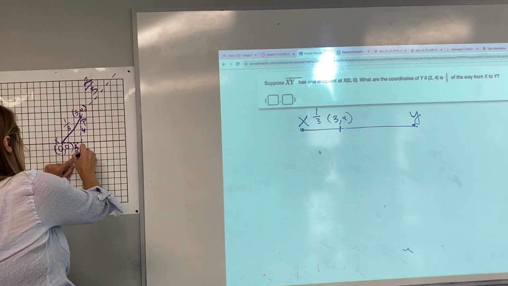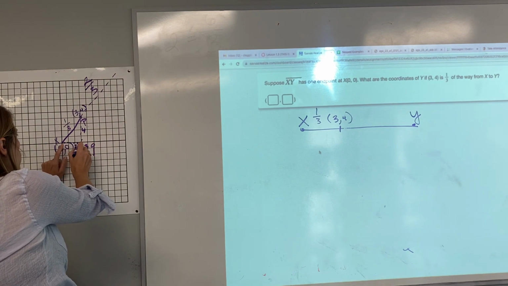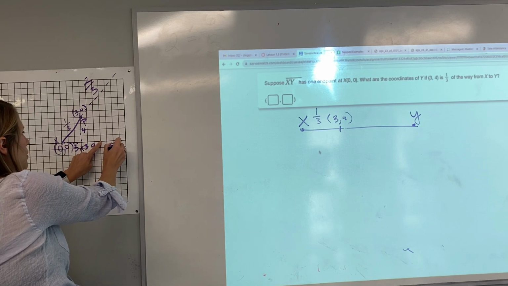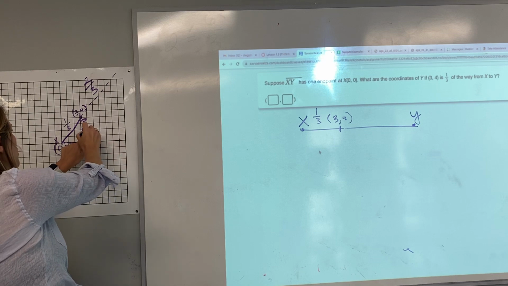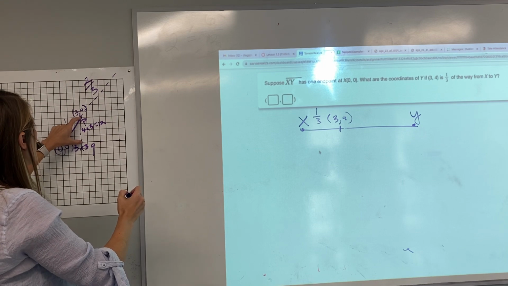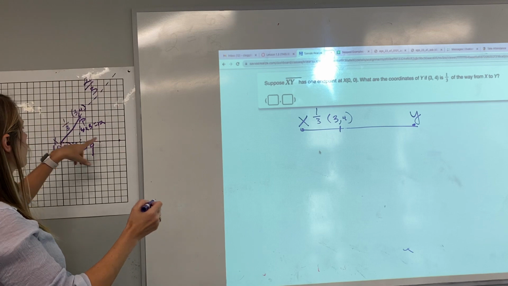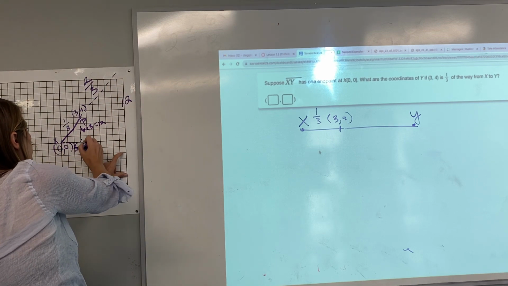So 3 times 3 is 9, so that would be 1/3, another third, and then another third would be the whole thing. And then 4 times 3 is 12. So that would be 4, and then another 4, and then another 4, which I don't have enough room for, but that would be 12 all the way up here.